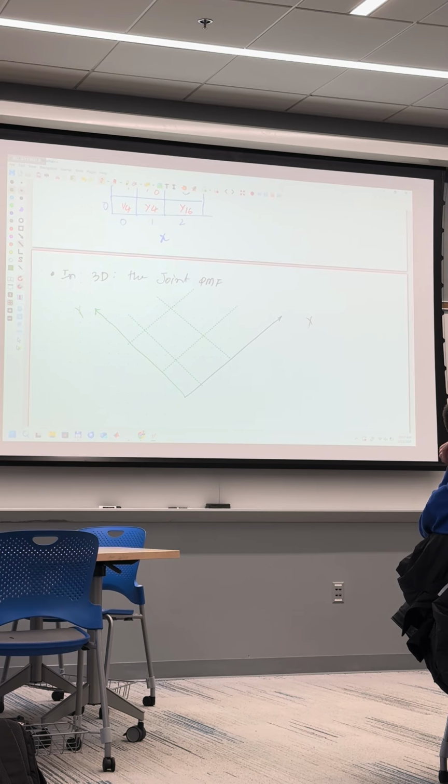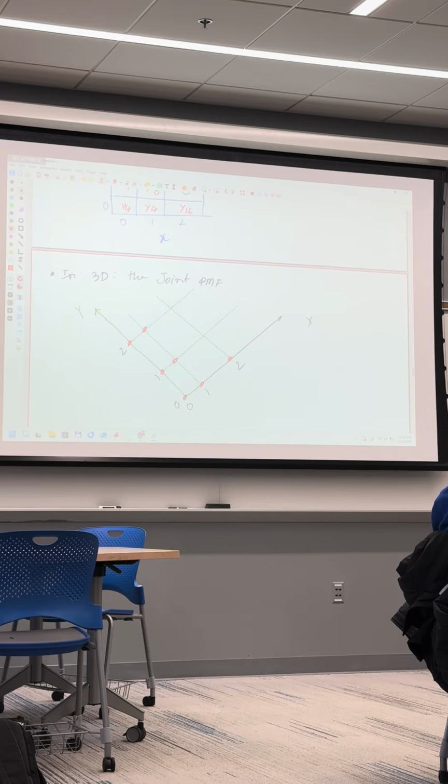I'm going to use a solid line. So this is x equals 0, y equals 0. This is x equals 1, this is x equals 2, this is y equals 1, this is y equals 2. Okay? Now you can put red dots right here, right here, right here. One dot right here, one dot right here, one dot right here, one dot right here.